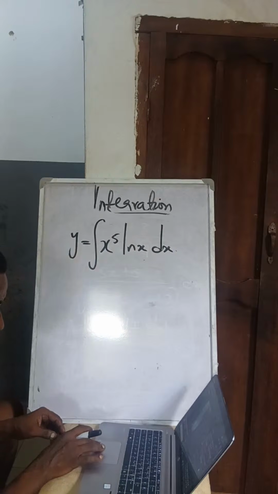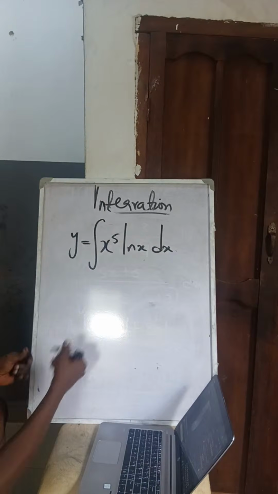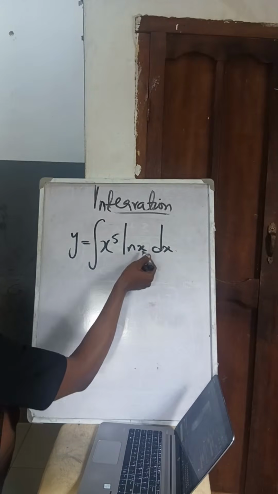I'm going to do an example of that question. If it is cubic, I'll show you how you go about it. Okay, let's solve this first. So x raised to the power 5 in x dx.